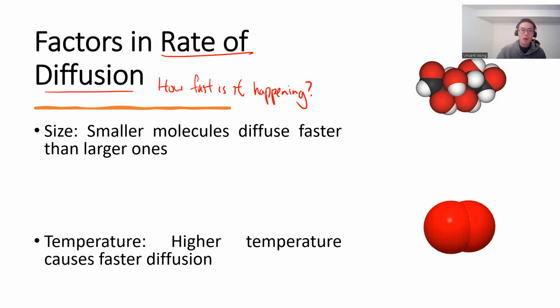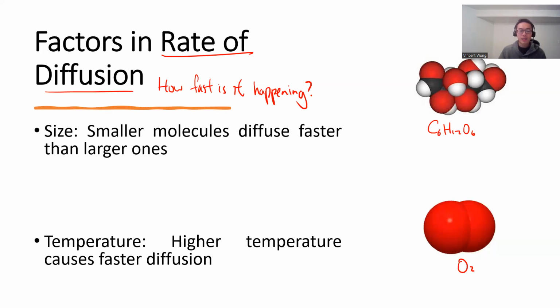So factor number 1, size of the molecule. If it's smaller, it tends to spread faster. So if you think of something like over here, we have O2 in this picture, and this is like C6H12O6. Something big like glucose is probably going to take some time to diffuse compared to something smaller like oxygen.